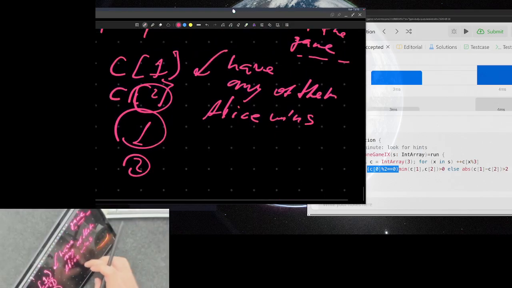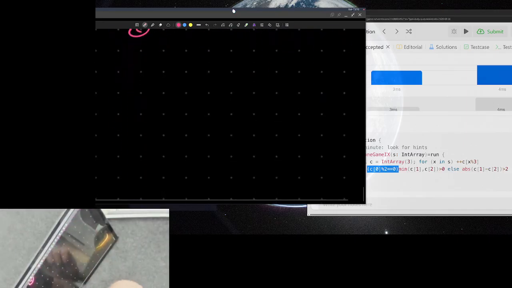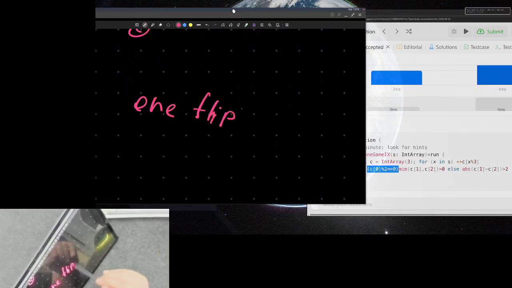Next condition, if we have one flipper that Bob can use.